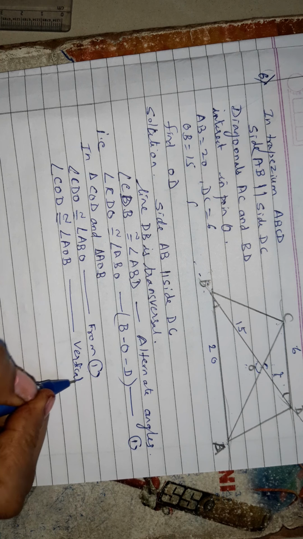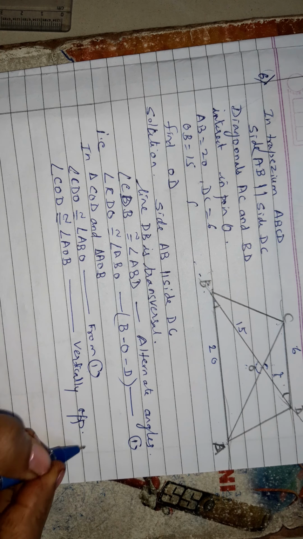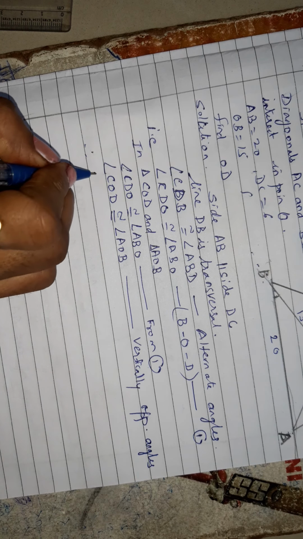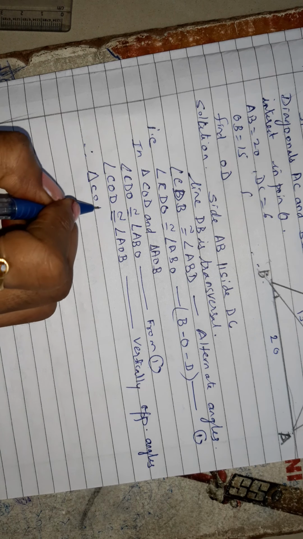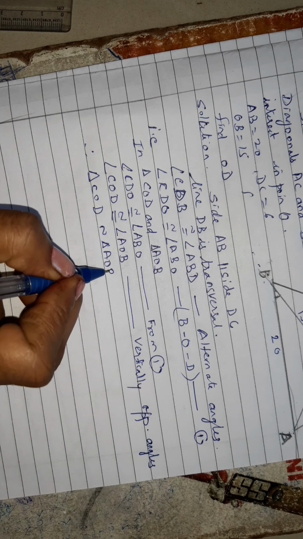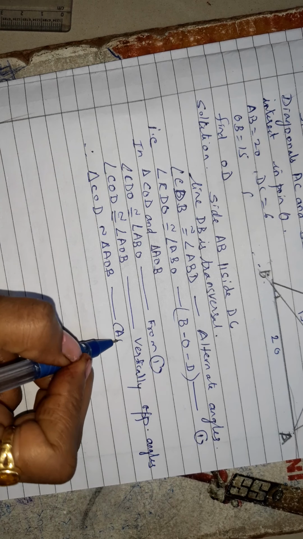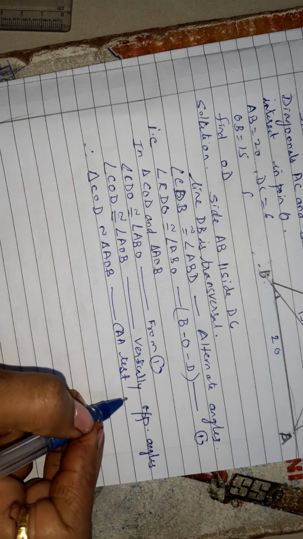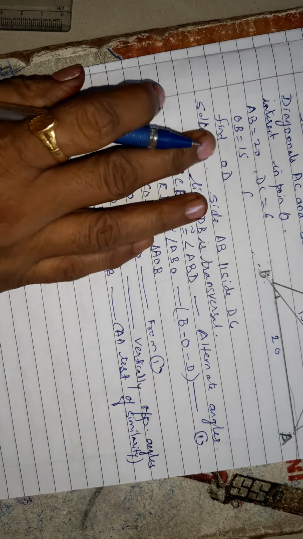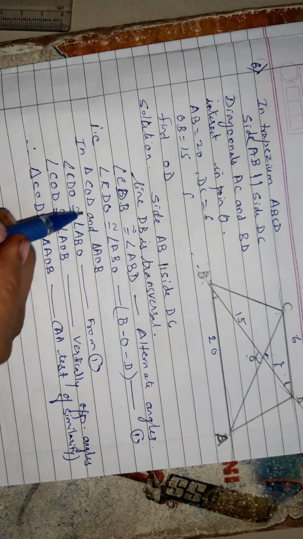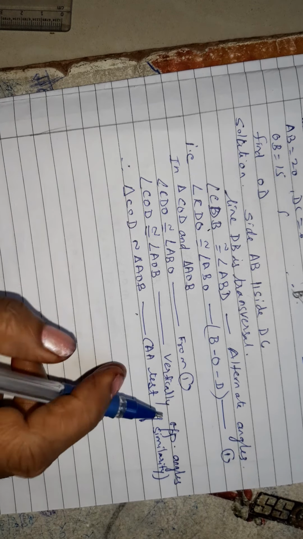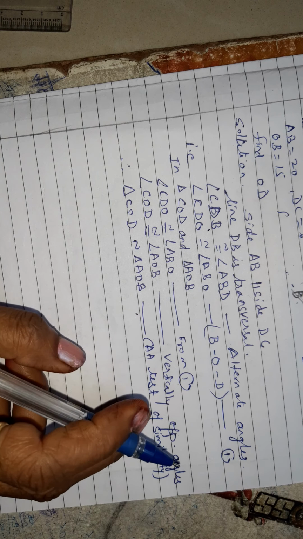In bracket write down vertically opposite angles. So triangle COD is similar to triangle AOB by which test? Angle test of similarity. Means first, to find out the value of OD, we have first shown how the triangles are similar, and now as the triangles are similar, we will take the ratio of the corresponding sides.